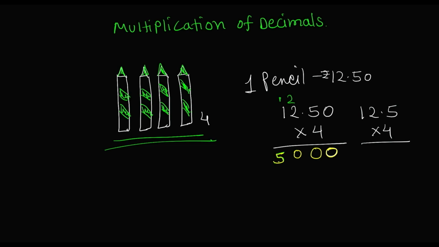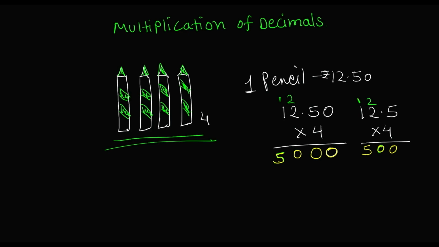So we can write the answer as 5, 0, 0, 2, 0 and 1, 5.